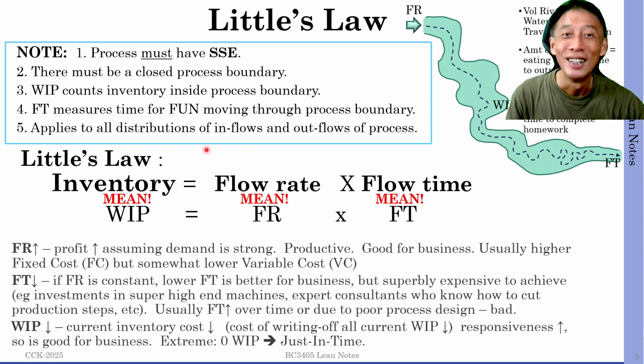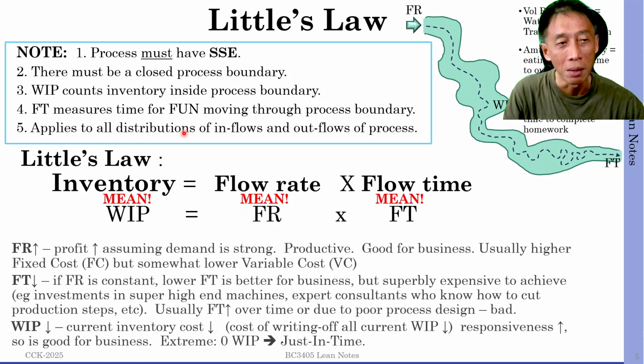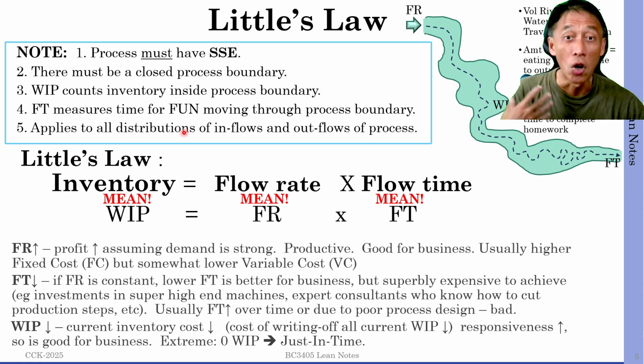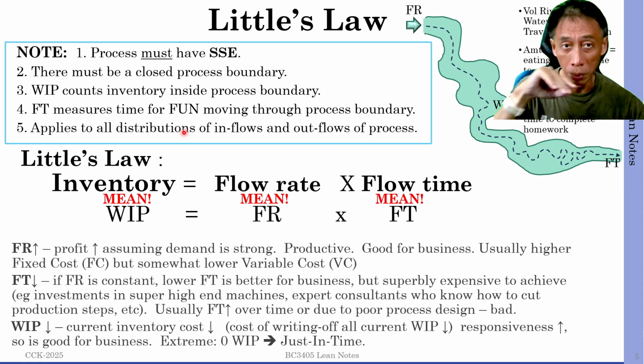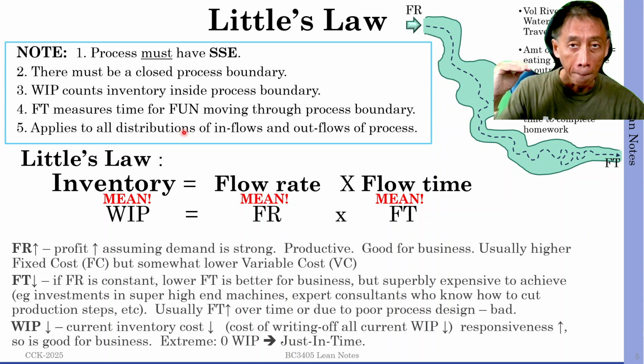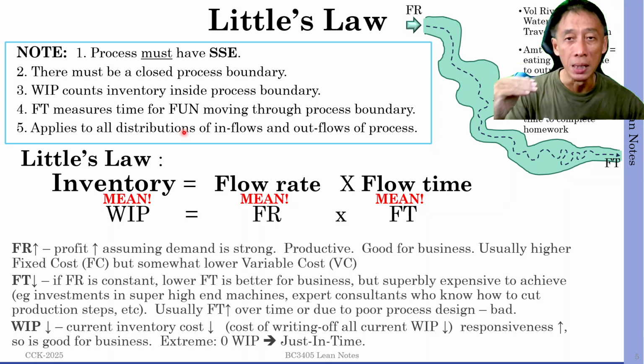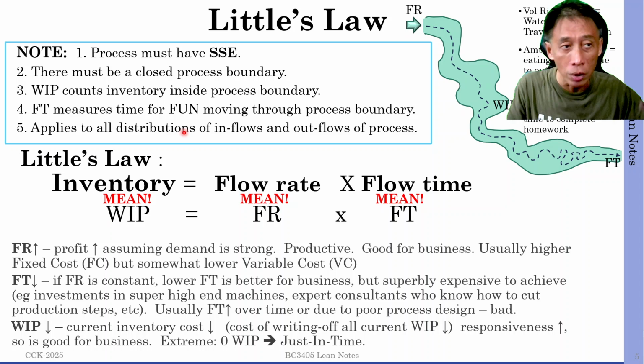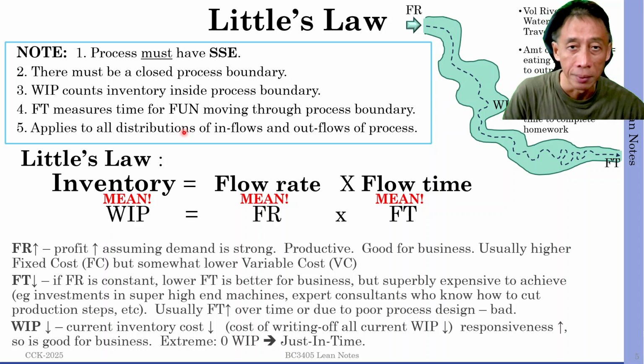Then Little's law applies, so long as there is steady state equilibrium. It doesn't matter if the distributions are different, same, uniform, or constant, strictly maintained at 1 piece per minute with no fluctuation at all, and output is the same. So no distribution still applies, doesn't matter.